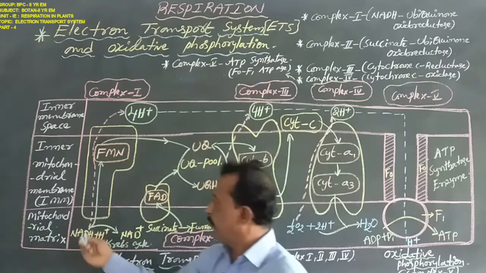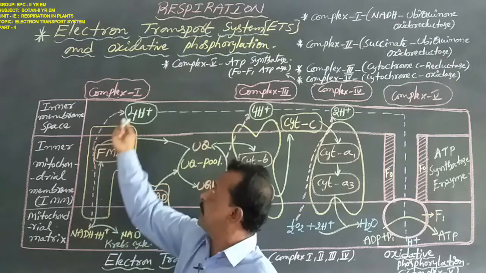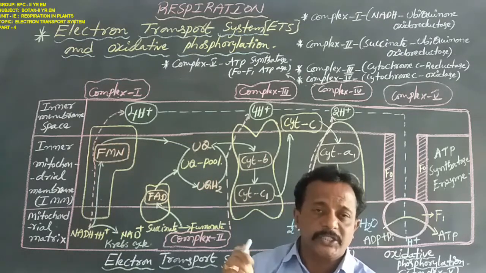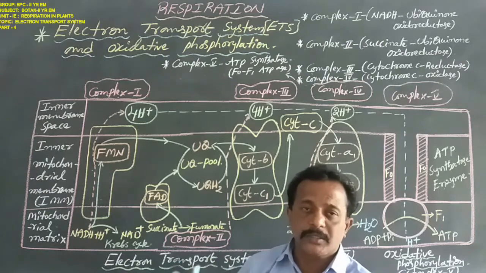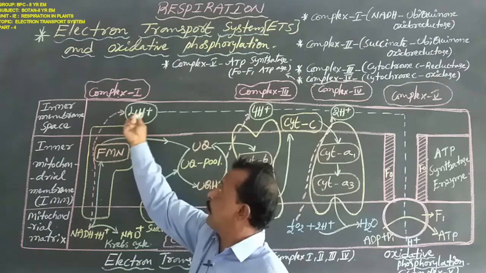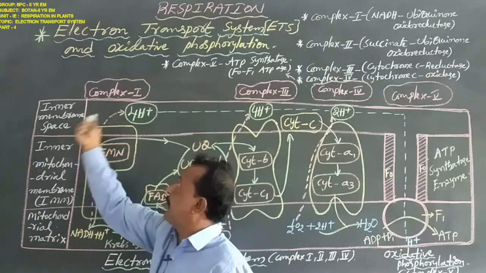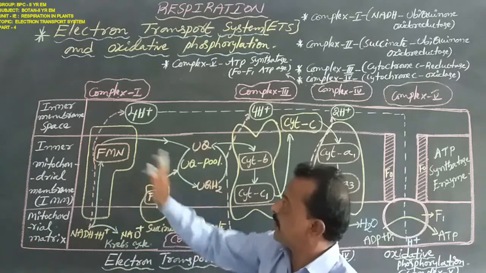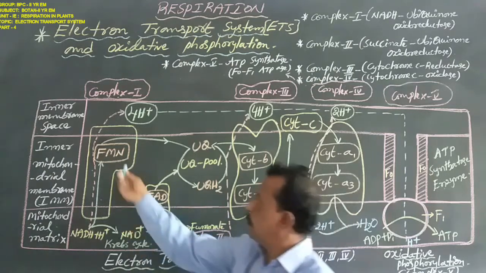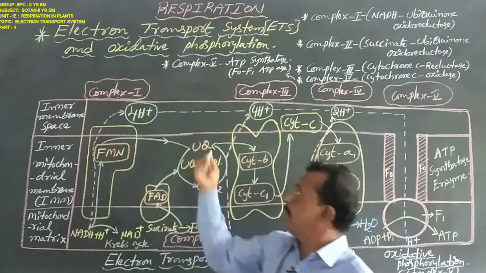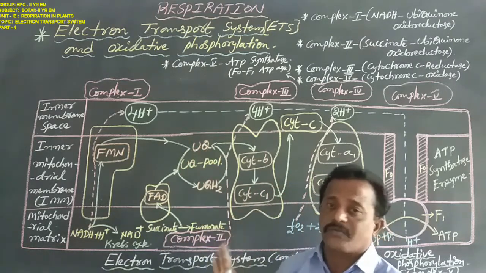At the same time, protons are released: for each electron, 2 protons, so 2 electrons release 4 protons. These 4 protons reach the intermembrane space. This is complex 1. Then the electrons reach ubiquinone. UQ means ubiquinone.